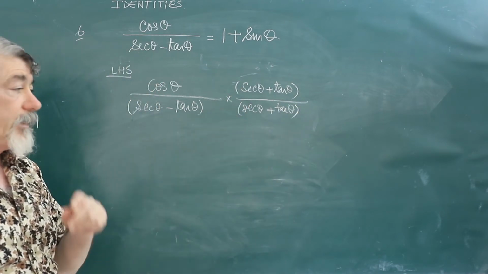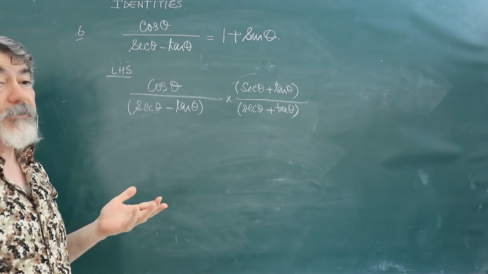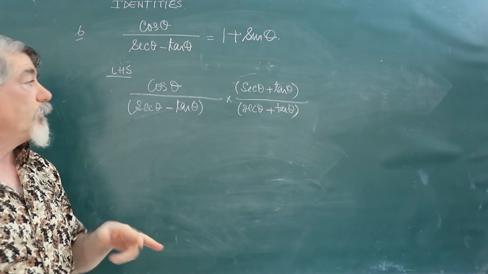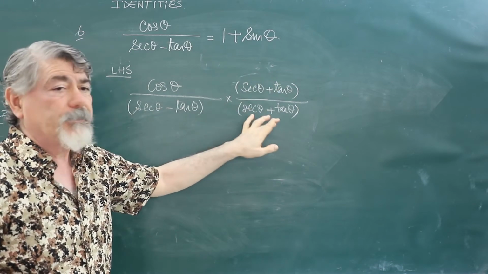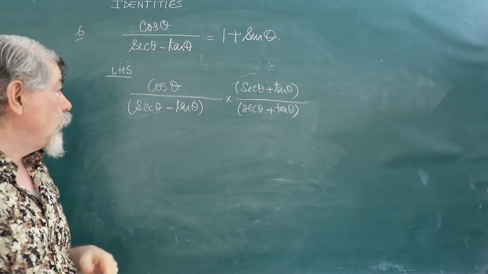So we have basically multiplied the given expression by 1 only, because sec theta plus tan theta upon sec theta plus tan theta is only 1.